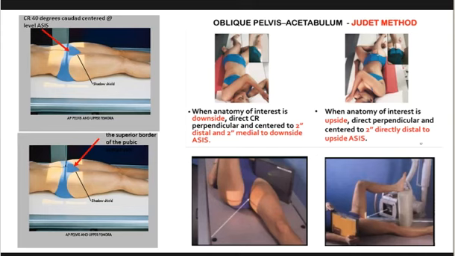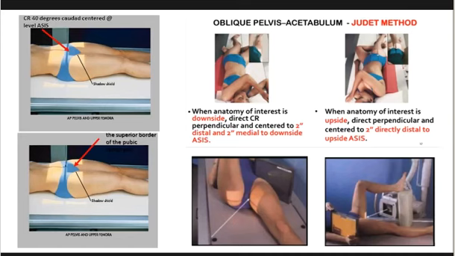When the affected area or area of interest of the acetabulum is elevated, and the unaffected side is close in contact to the tabletop, or when the affected side is up, that is LPO. So those are the two obliques.